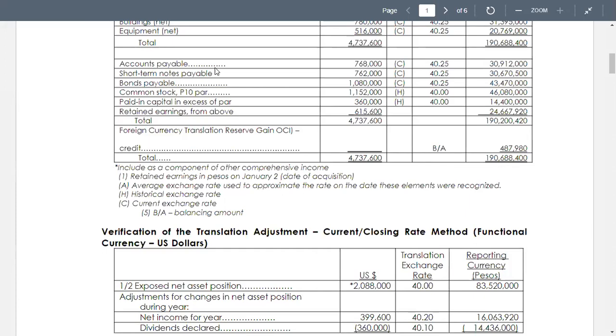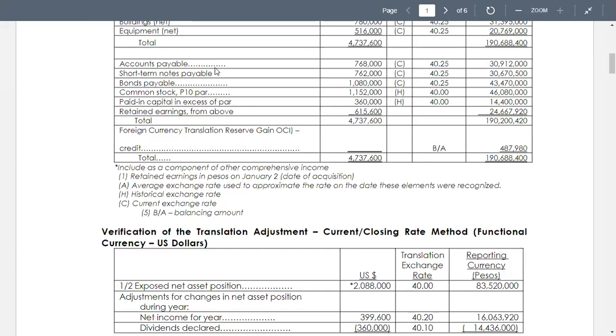Like your building, so we have the accumulated depreciation. So for items that relate to non-monetary items, the rates used are those used to translate the related non-monetary item.